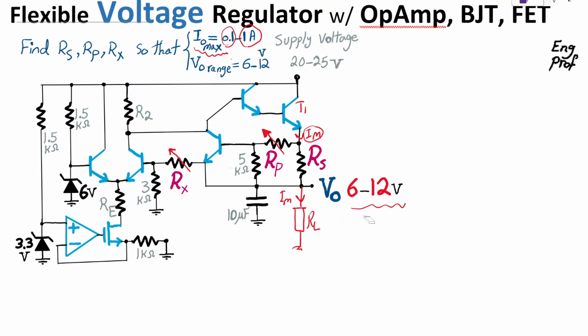Okay, so let's see. The Vout as seen in this circuit is the same node as the emitter of this transistor, and we can see that there is a series of RX and 3 kilo ohm effectively.